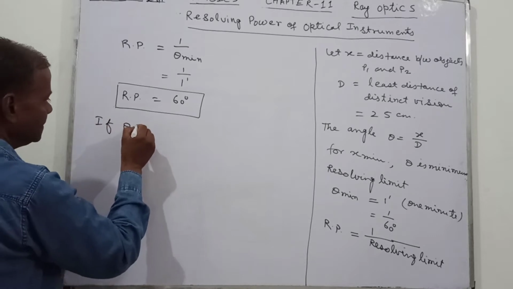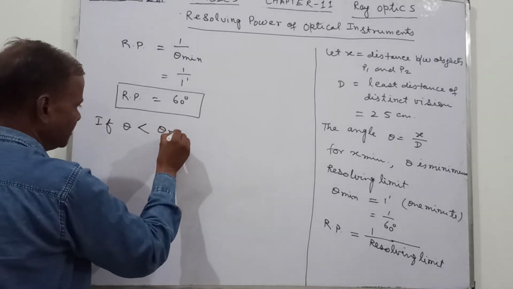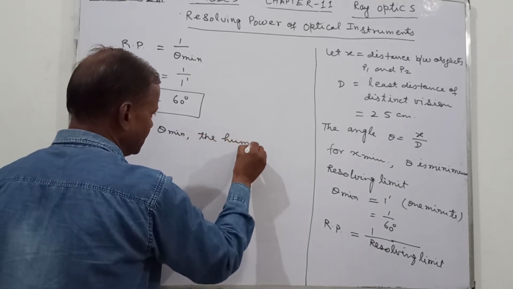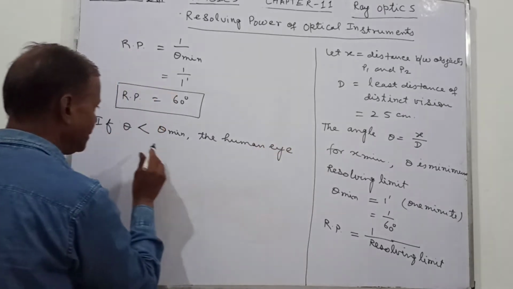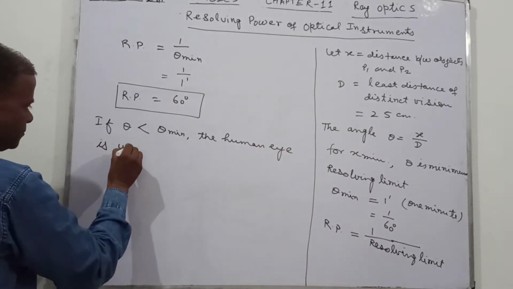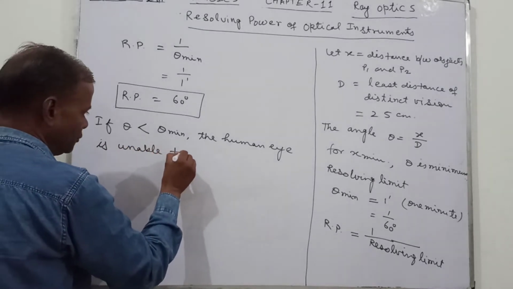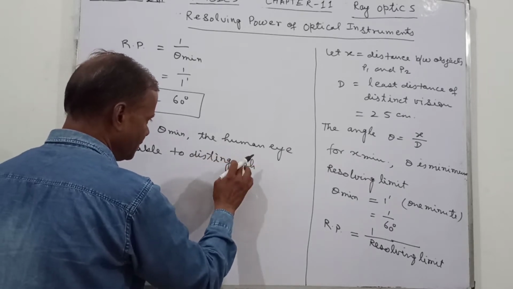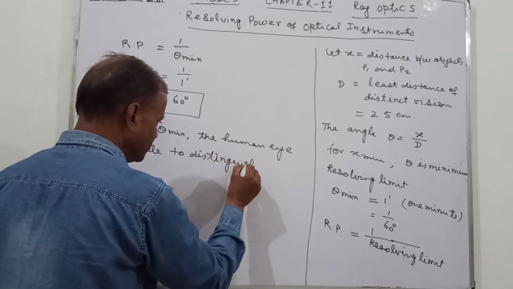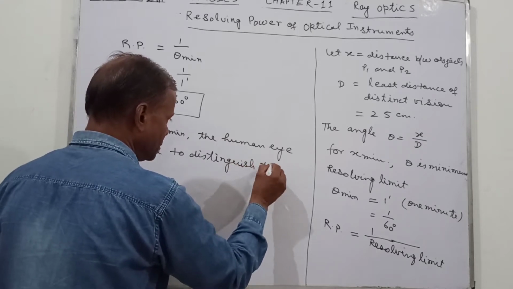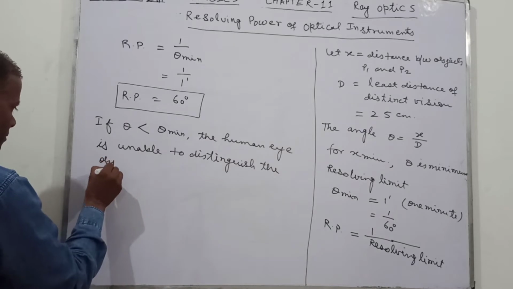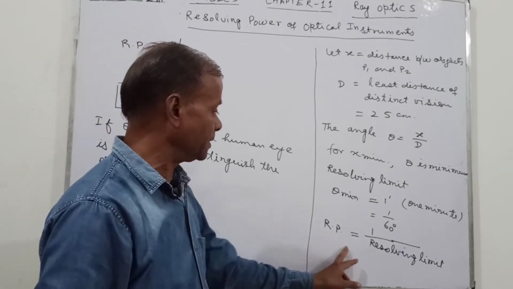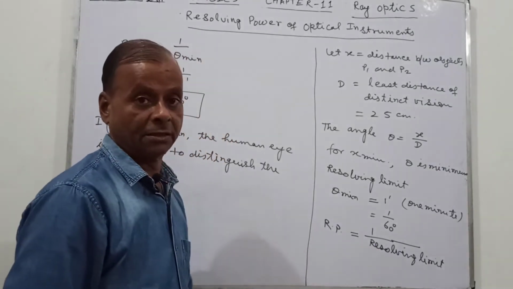If theta is less than theta minimum, the human eye is unable to distinguish the objects. So you see that the resolving power and the resolving limit are reciprocal of each other.